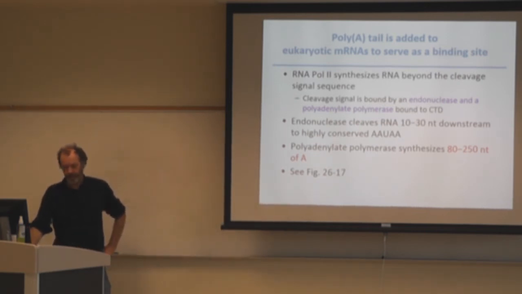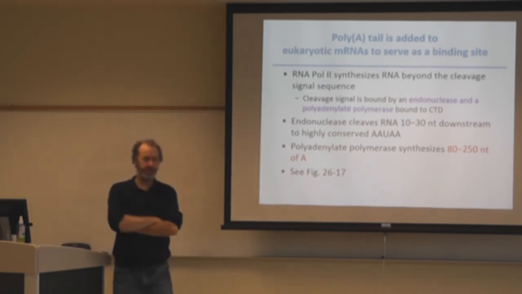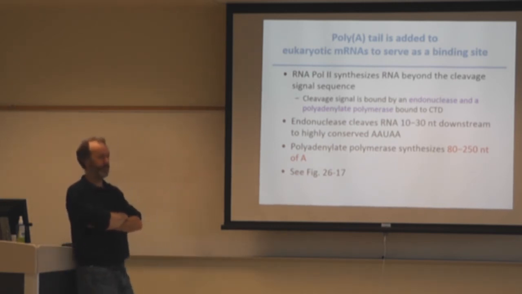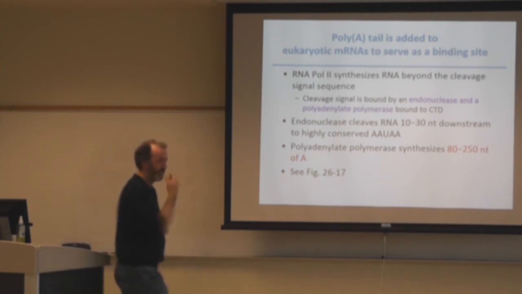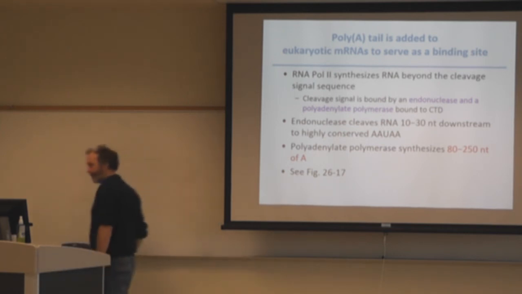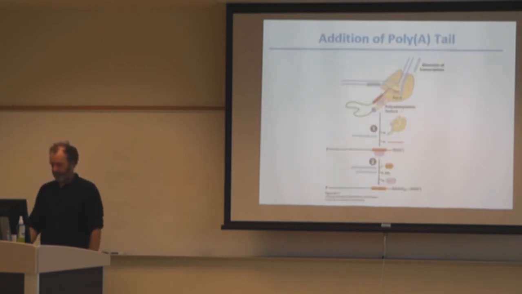Does the length of the A's determine how long the mRNA codes for each? Yeah, the more A's, the longer the half-life of that mRNA. Meaning the more protein will be produced from that mRNA. This shows you that.